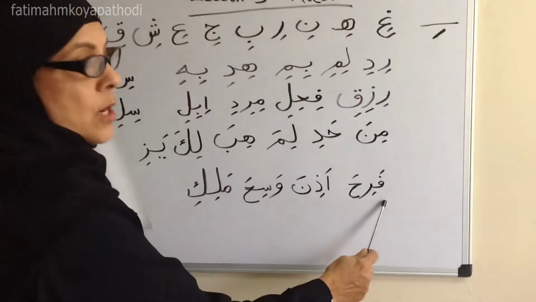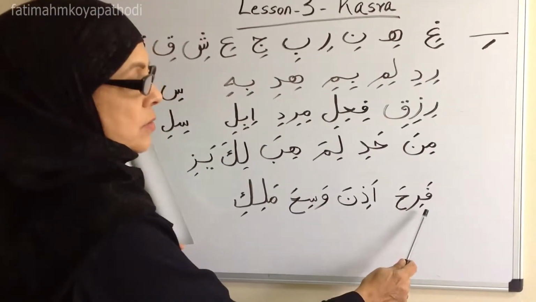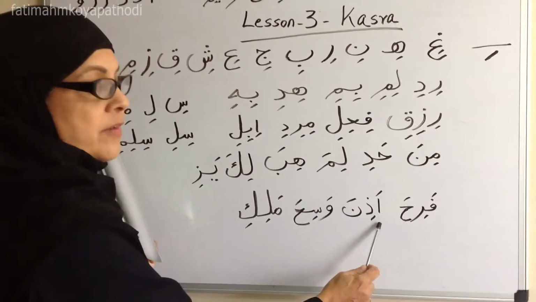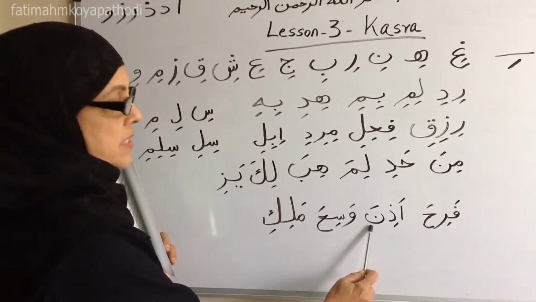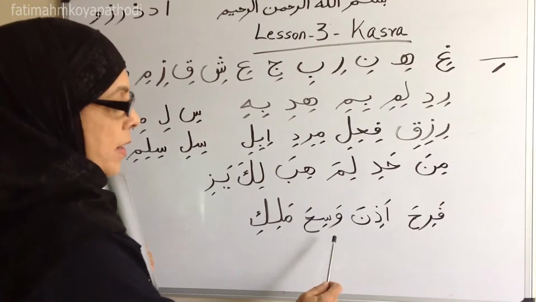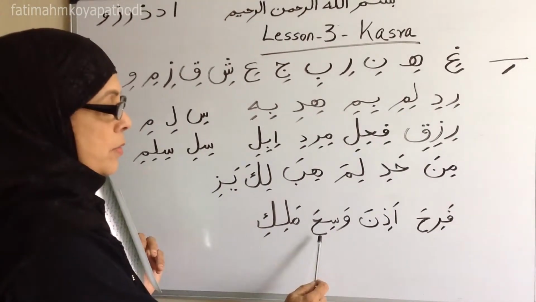Fa, fatha sound. Ri, kasra sound. Ha, fatha sound. Fa, ri, ha. A, fatha sound. Ri, kasra sound. Na, fatha sound. A, zi, a, vi, na. Wa, fatha sound. Si, kasra sound.